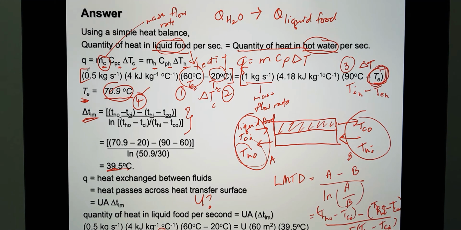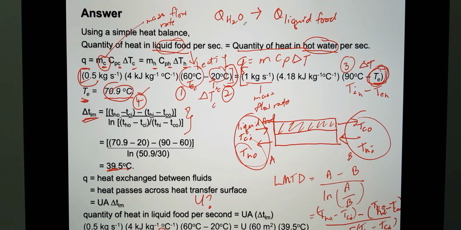At the top part over here for the liquid food, you have the values for each parameter: the value for M, the value for CP, and the value for delta T of liquid food.